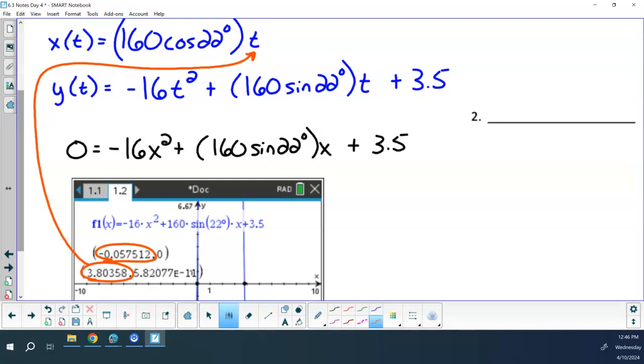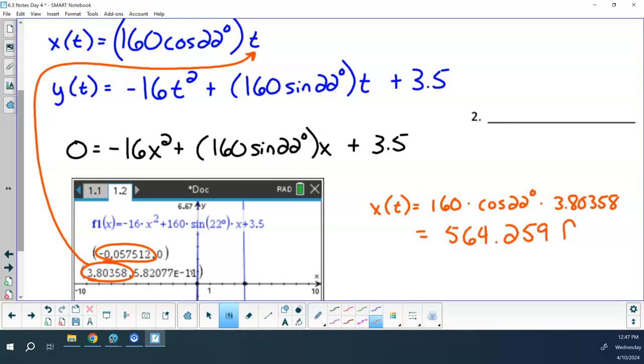And so my x of t would be 160 times the cosine of 22 degrees times 3.80358. And I get 564.259 feet.